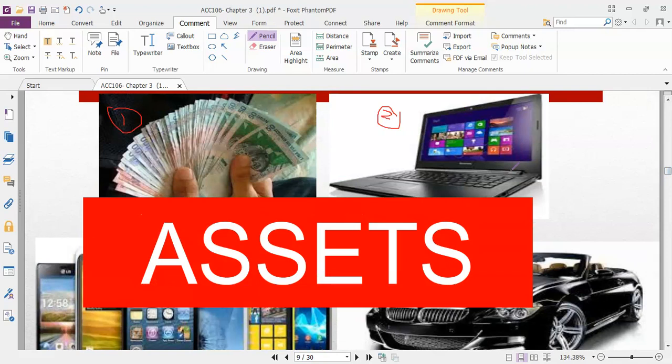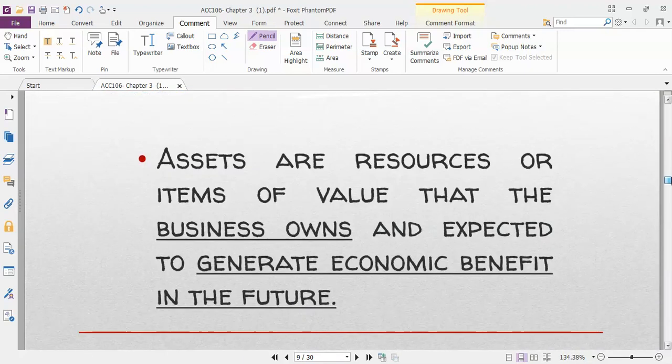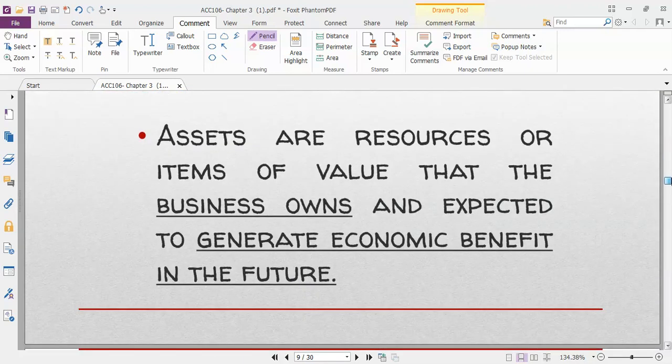Items. For example, laptop. Laptop is the item that we use to generate economic benefit in the future. Maknanya kalau kita ada laptop, kita boleh, sebagai contoh, kalau dalam perniagaan kita ada laptop dan kita boleh marketkan kita punya perniagaan secara online ataupun kita jalankan perniagaan secara online dengan gunakan item laptop.